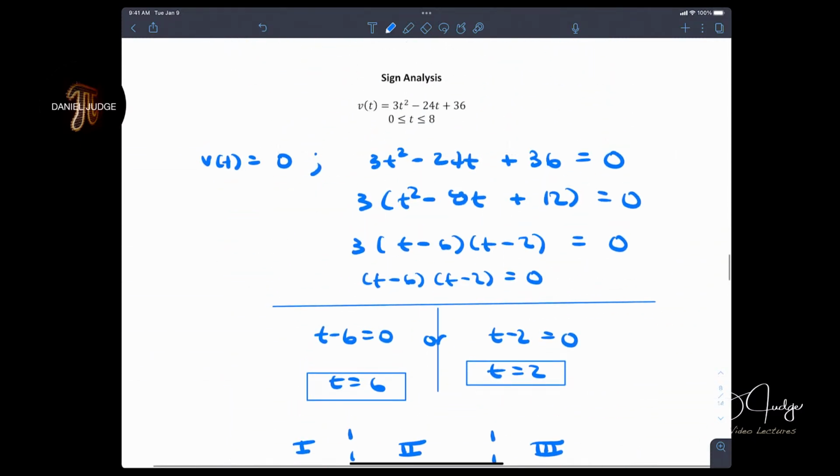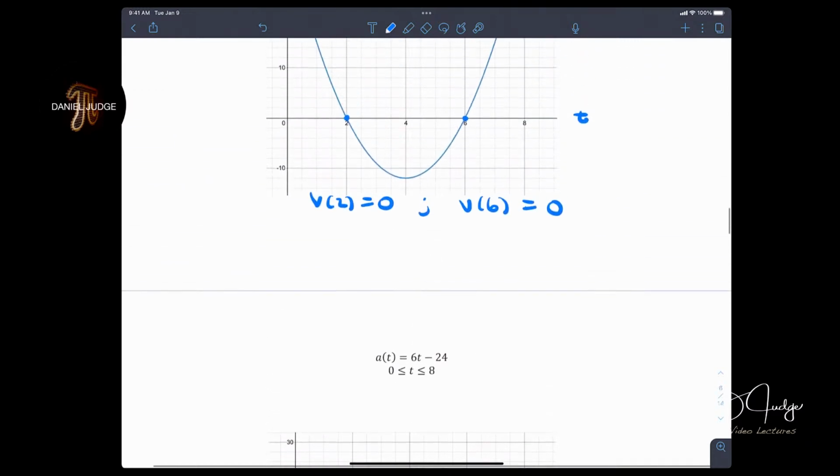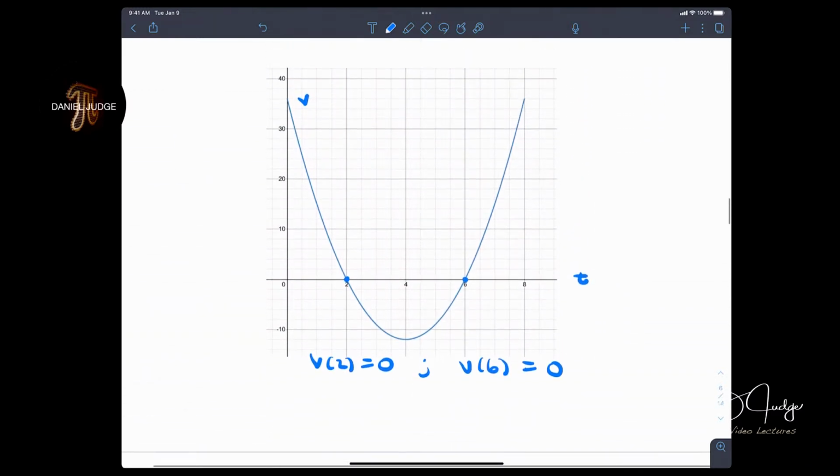Now, if you say, what was v of 0? If I go back and try to find v of 0, the velocity here, well, I can plug the value in, but v of 0 is up here. That looks like it's 36. So v of 0 is a positive 36.